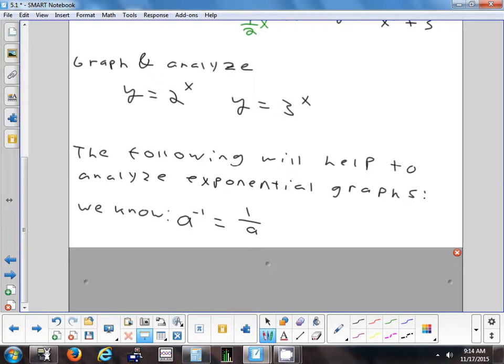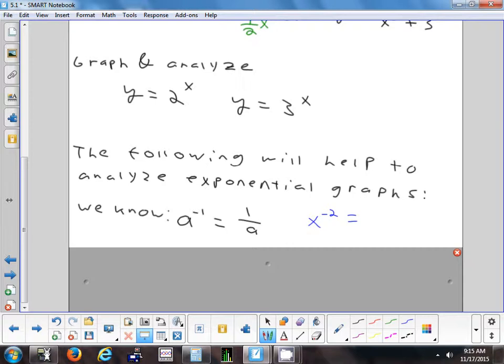Okay, negative exponents make it confusing to look at our exponential function sometimes. So I just want to remind people of the rule. Anytime you get a negative exponent, all you have to do is take that, put it in the bottom. You flip it, and it becomes a positive exponent. So what if I had x to the negative 2? How would you write that with a positive? 1 over x?